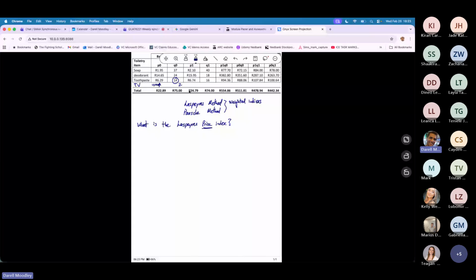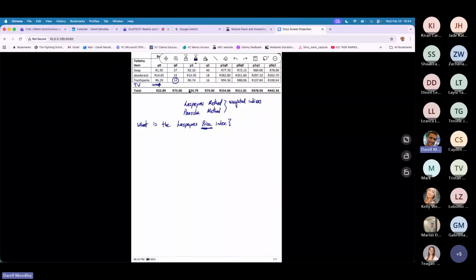We want that to be taken into account because we only have 1 item, so it should be associated with the quantity that you have in your house, which is why when we look at these weighted indices, even though we're looking at just the price index, we will take quantity into account to weight the items.